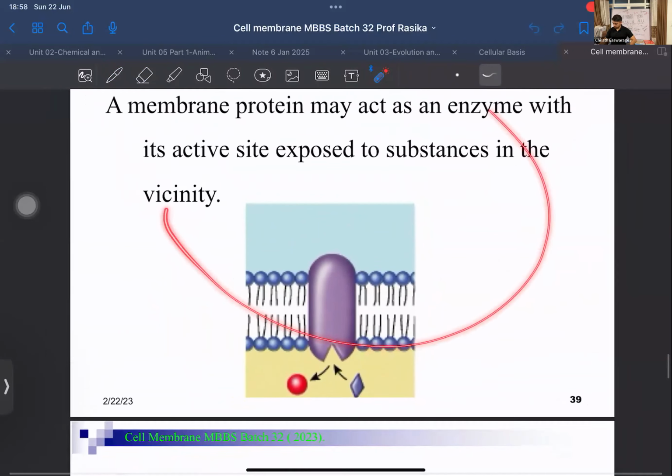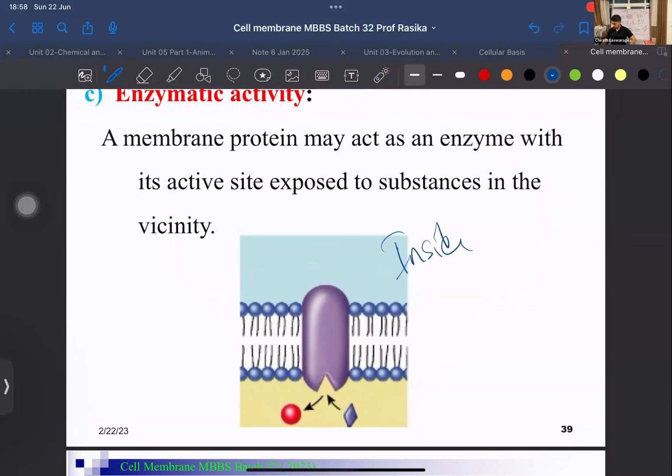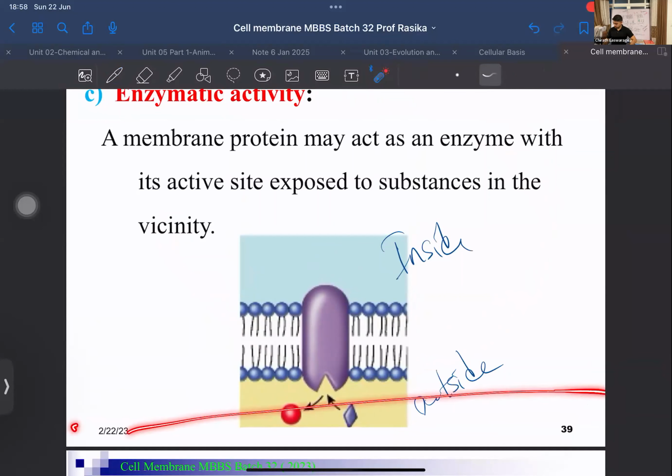In this diagram, this is inside, this is outside. This tube outside is your digestive system. You have eaten something, for example a disaccharide, sucrose. The sucrose has to be broken down into monosaccharides, glucose and fructose, to be used as energy.